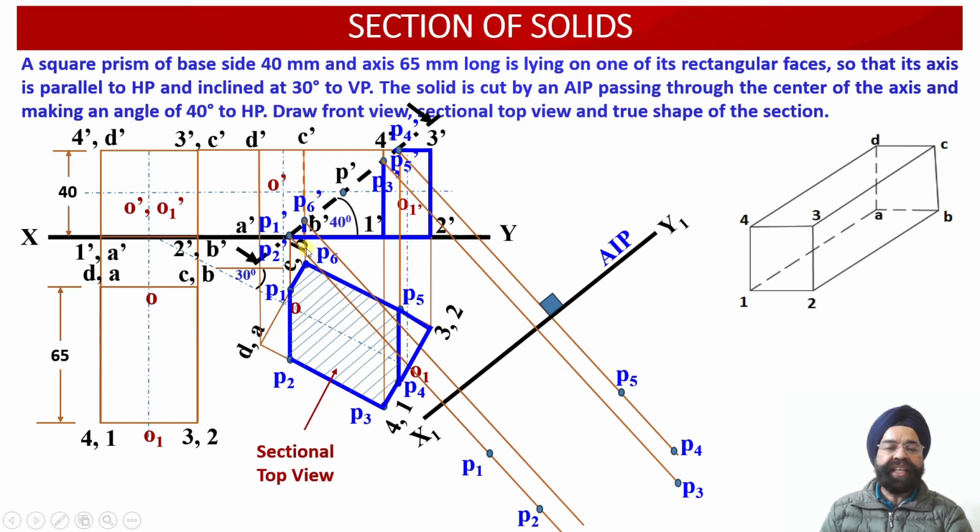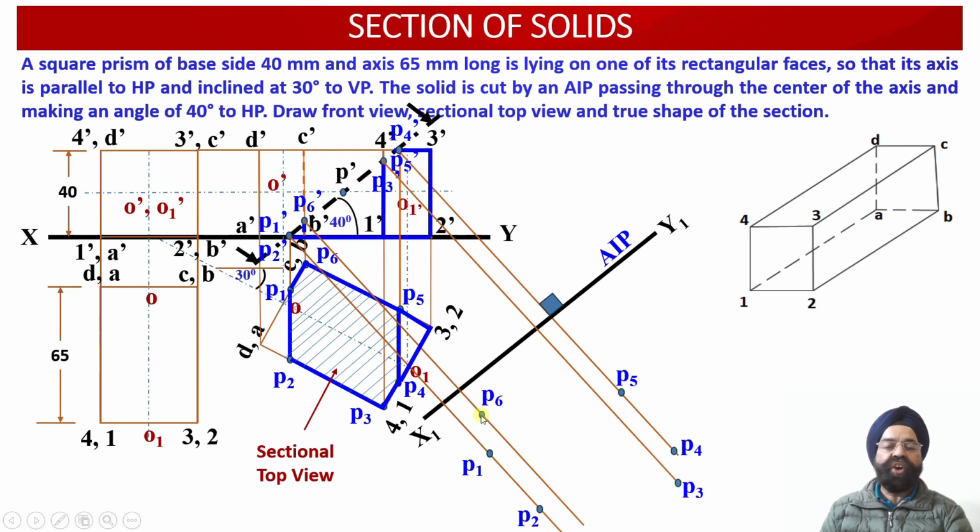And the last point is P6. So once we measure the distance between point P6 and the XY reference line, now this is the front view projection P6 dash over here. So onto this projector line which is emerging from P6 dash, the distance of point P6 and the XY reference line we are going to project over here.